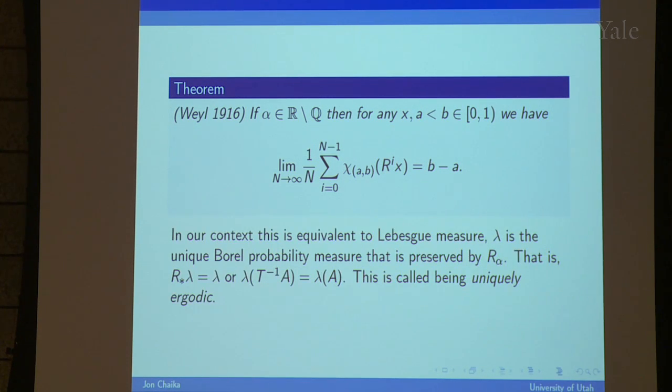And so this is called unique ergodicity. And in our context, this is equivalent to the fact that if you want special measures, which are probability measures, in which when you push them forward under the dynamics, you get back the same measure you started with. These are called preserved measures, because pushing them forward keeps them the same. Then there's only one of these, only one such probability measure, and in this case, it's Lebesgue measure.